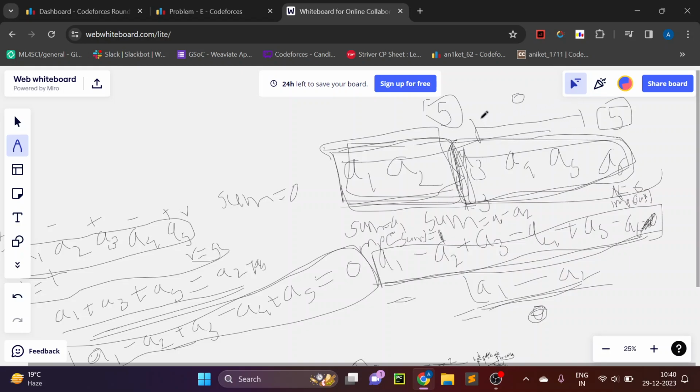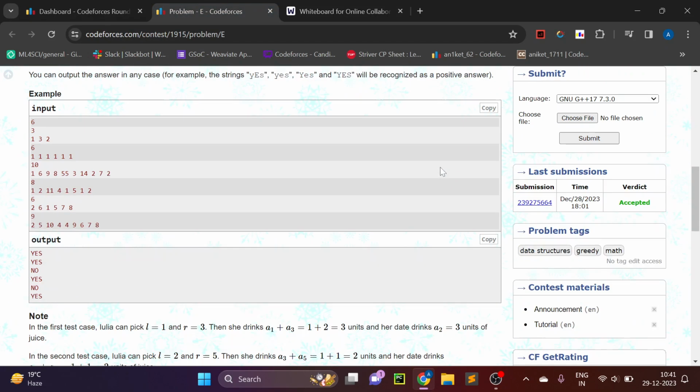So we only have to find that L to R sum should be equal to 0. This kind of technique is known as the subarray technique, and we have to use this, but just modify our prefix sum as A1 minus A2 plus A3 minus A4. So alternate plus minus. So let me just show you my code.